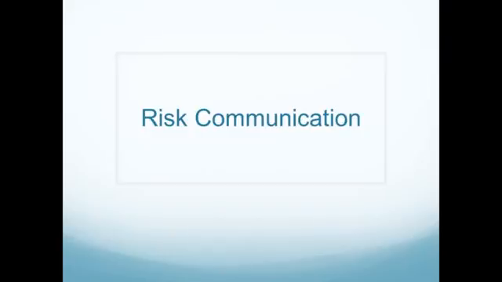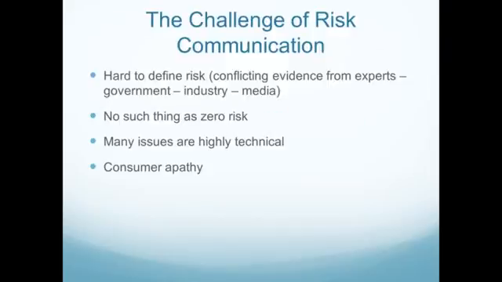So we've managed the risk, but now we've got to communicate the risk as well to those that are going to be affected by it, the population, etc. So it's very challenging risk communication, basically, especially in the media. I suppose we'll use the media as a good example. That's where most people get the information from. You've got conflicting evidence.